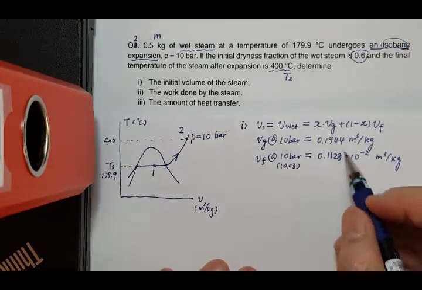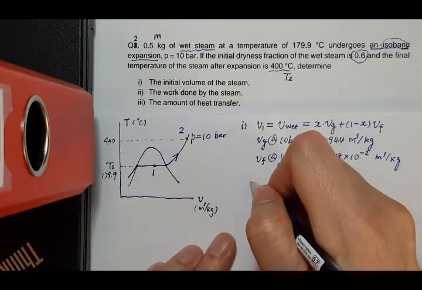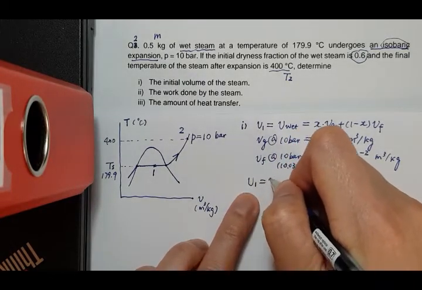Right, so we have found Vg and Vf, and then we can use that equation to calculate V1 equal to V wet.